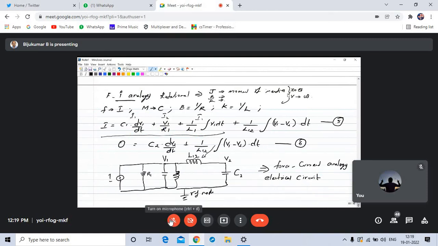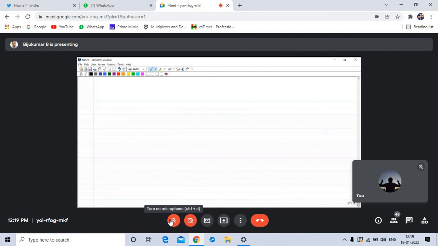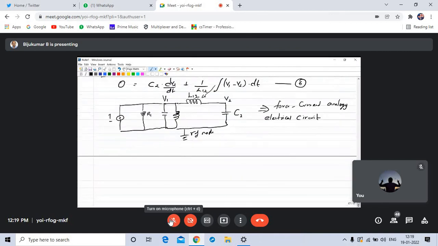So the final conclusion is this: there will be an analogy between systems. You have studied D'Alembert's principle. This principle is related with laws of motion, right? So this law has an analogy with Kirchhoff voltage law as well as Kirchhoff current law.